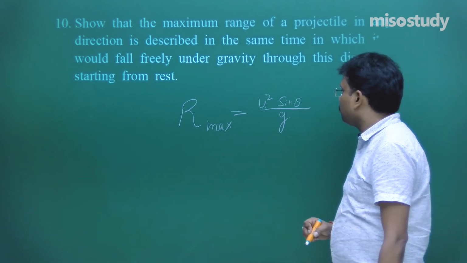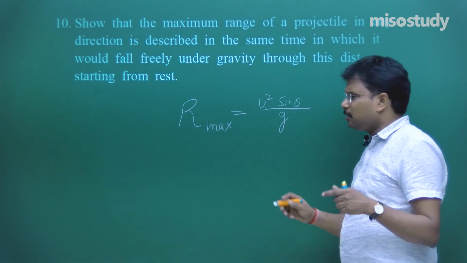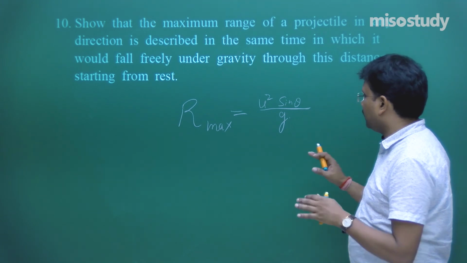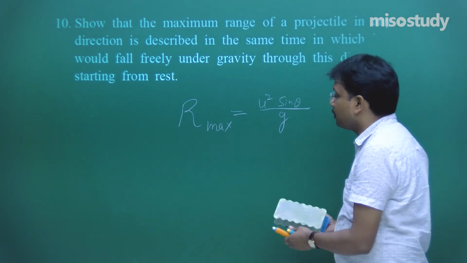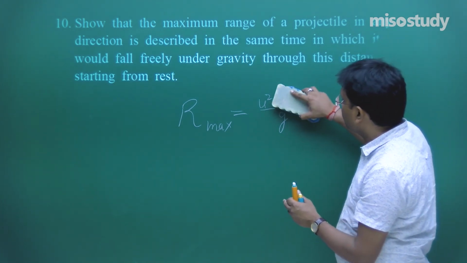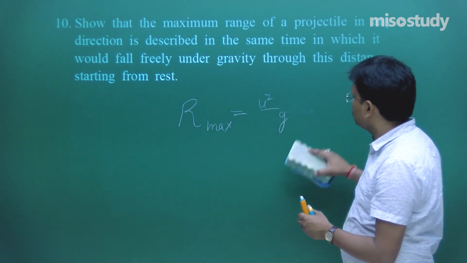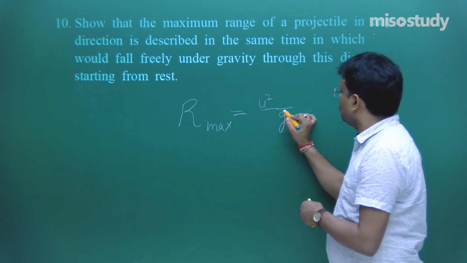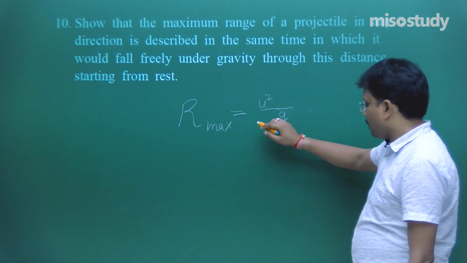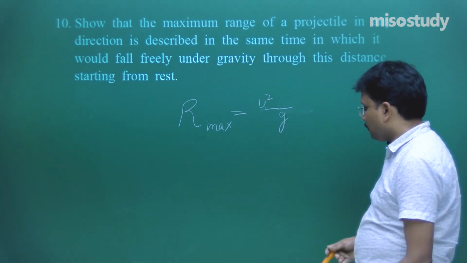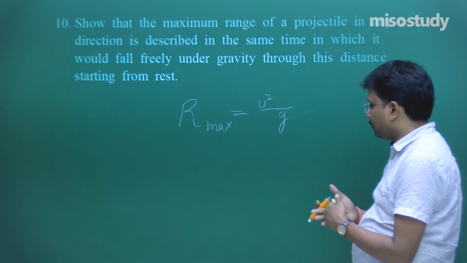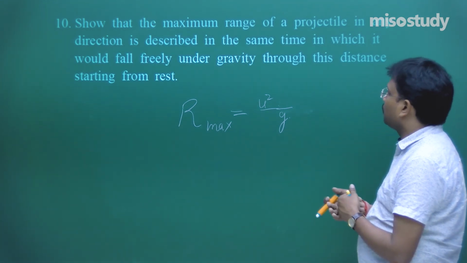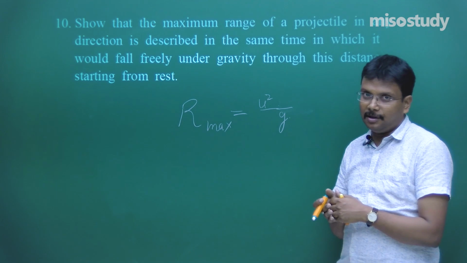Basically u square sin 2 theta upon g. In sin 2 theta you simply can neglect it, because in the maximum case it is coming as 1, so there is no point of putting it. So R max is equal to u square upon g. Now from here you can calculate the value of the time period t, and then you can put the values and get the result.